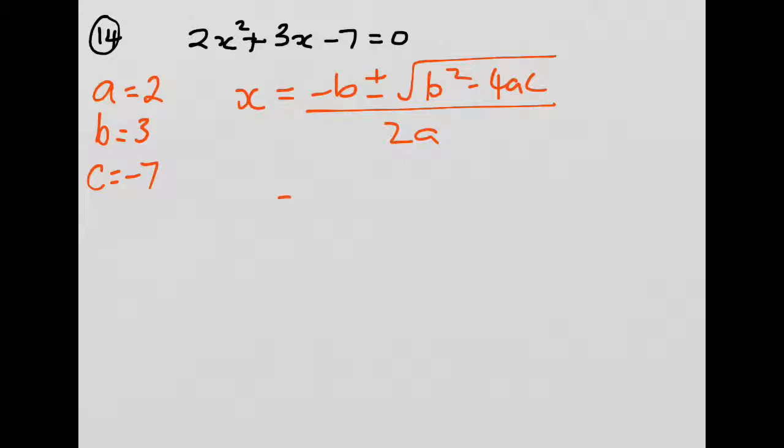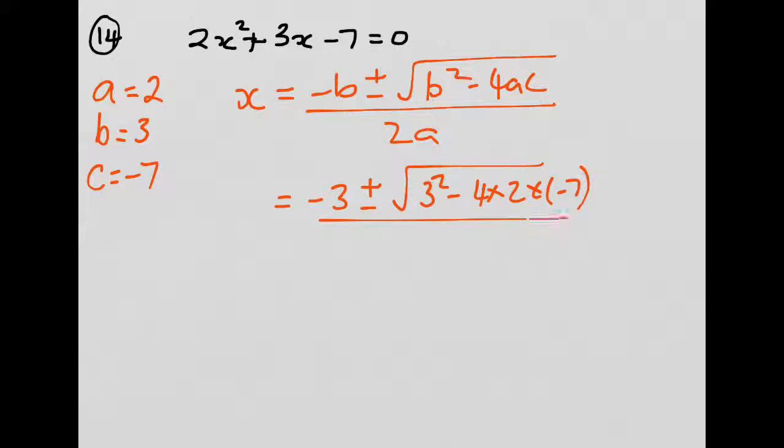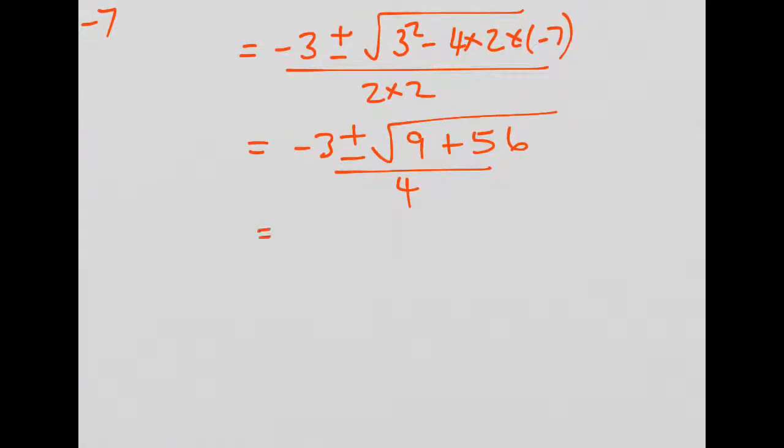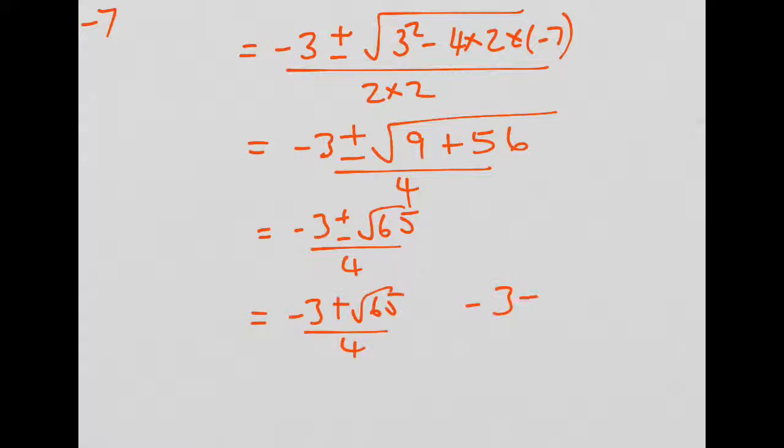Sticking these numbers in gives us negative 3 plus or minus the square root of 3 squared minus 4 times 2 times negative 7, all over 2 times 2, which becomes negative 3 plus or minus the square root of 9 add 56 over 4, which becomes negative 3 plus or minus root 65 over 4, or negative 3 plus root 65 over 4, and negative 3 minus root 65 over 4.